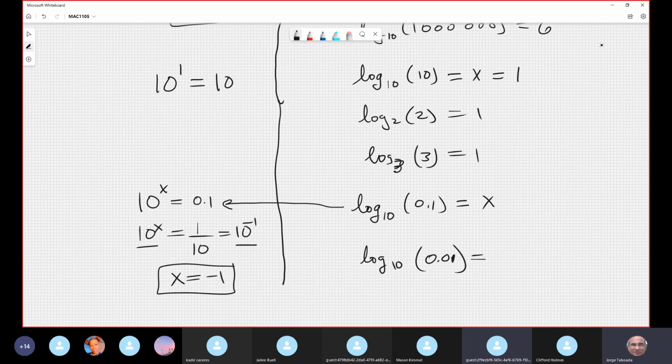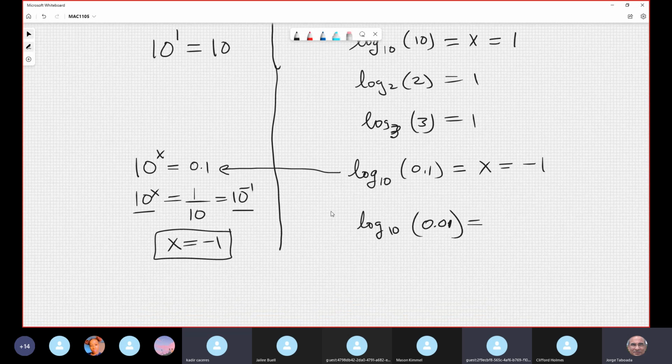What do you see using the same idea? This was -1, and this is, using the same common sense, -2. Exactly. Very well. And logarithm base 10 of 0.001?